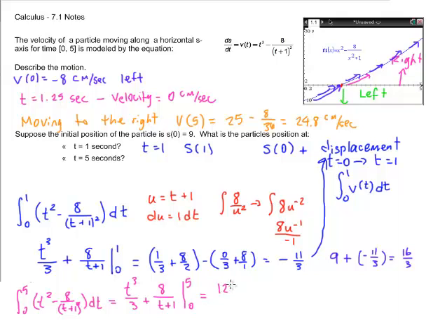So we're going to have 125 over 3 plus 8 over 6, minus the 0 part, which is just going to be 0 over 3 plus 8 over 1.